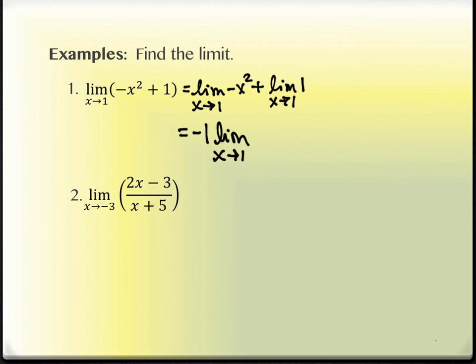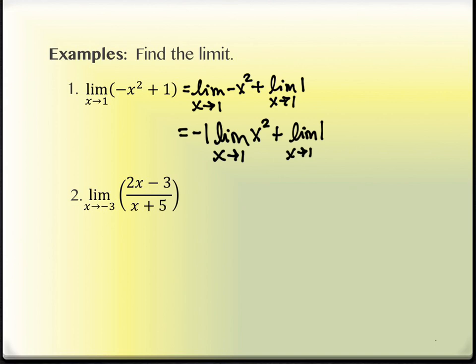And then I'm going to rewrite this. Limit as x approaches 1 of x squared plus the limit as x approaches 1 of 1. And then I notice, hey, look, x is squared, right? That's a power. So that's property, what we said, I think it was number 5, right?